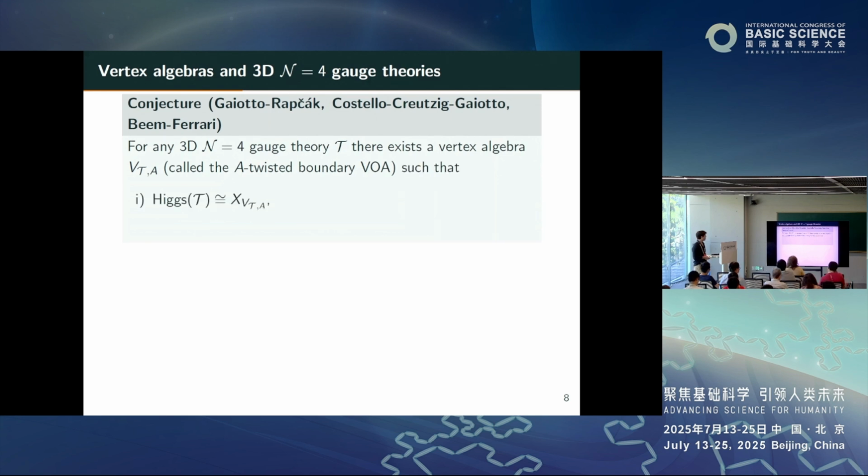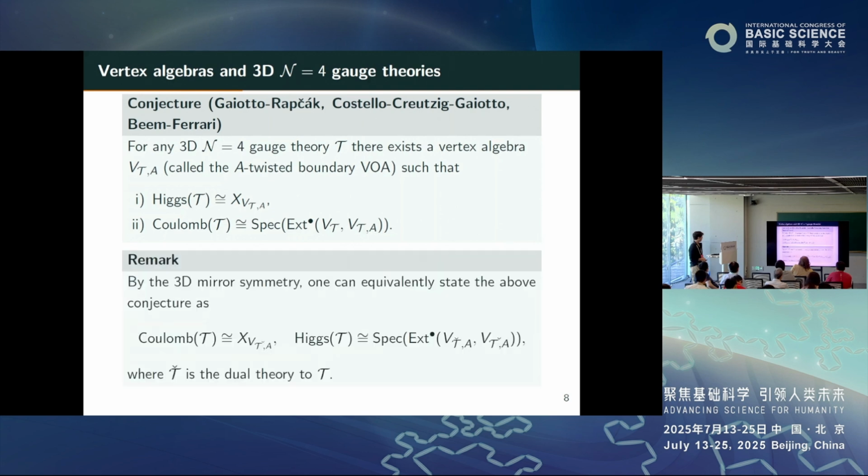The Higgs branch is recovered as the associated variety of this A-twisted boundary VOA, and the Coulomb branch is recovered as the spectrum of the Ext algebra of the vertex algebra. The first one should be V_T. So this is quite remarkable.